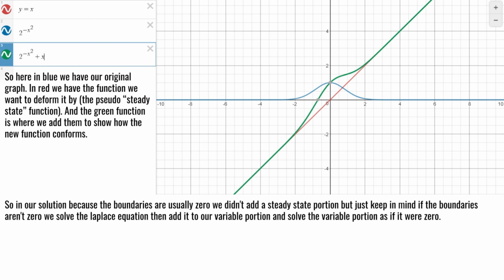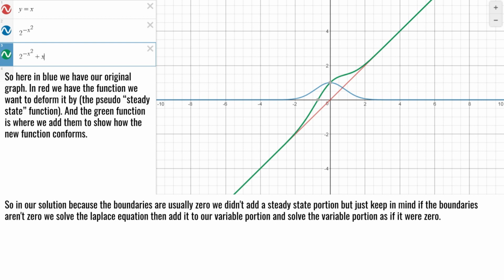So the bell curve will conform to the new line, and that line will essentially be like our steady state. And if we were doing this with the heat equation, that line would conform to the steady state, and not to just a flat line or a flat plane, as it would if the boundary conditions were 0.